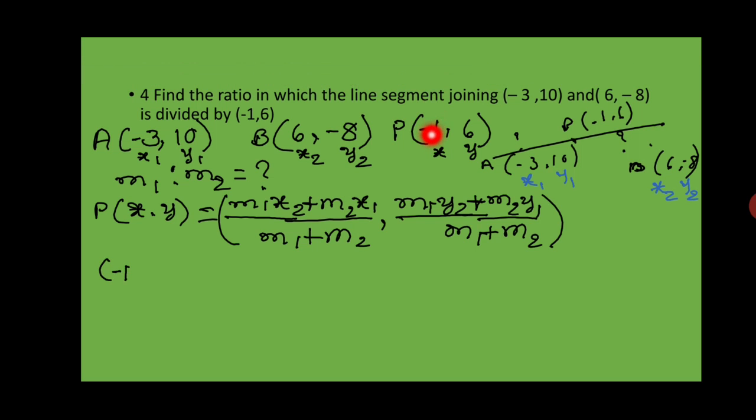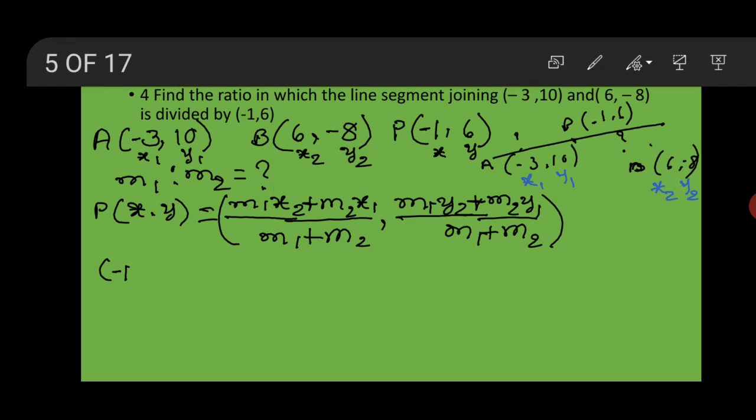Now substitute the values one by one. X is known, so write down x is minus 1, and y is 6, and x1 y1 x2 y2 all are given. Only m1 and m2 have to be calculated.